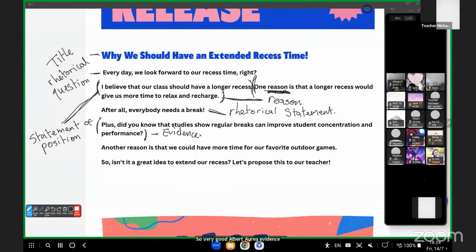Now, this is a little bit of a cheat. This is a little bit of a cheat answer. But this actually combines two things in one. What two things does this combine? What two parts of our persuasive writing does this line combine?